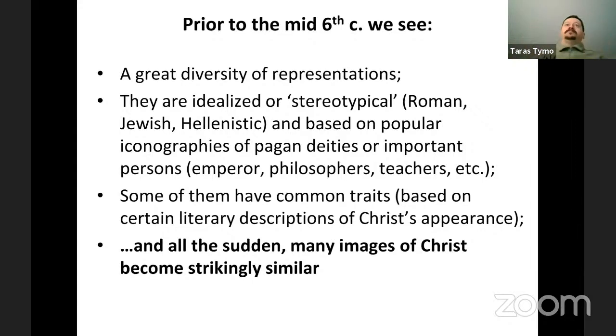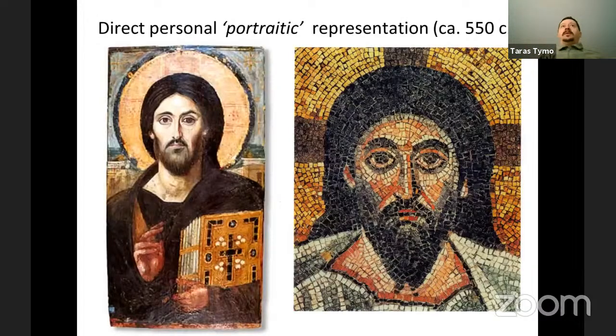They converge. I have already shown you a number of times this representation of Jesus from Sinai, but from more or less the same time, we have the mosaic representation that is built typologically according to the same pattern.